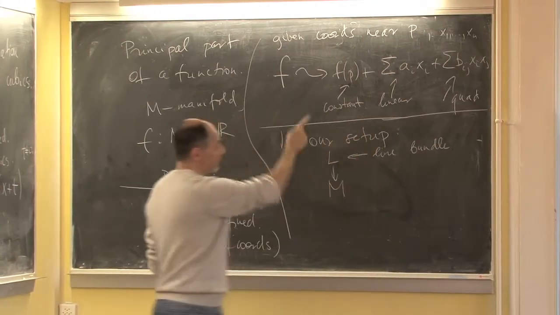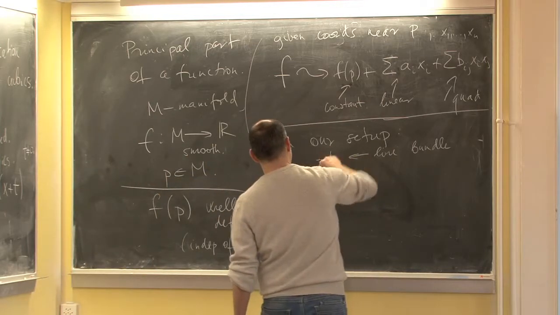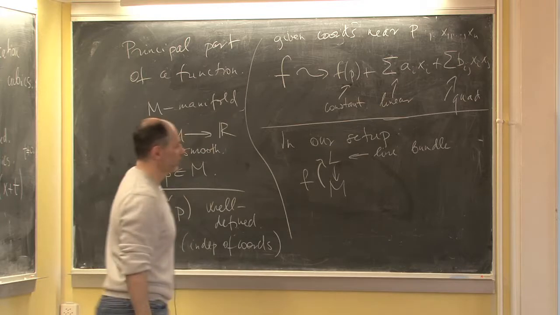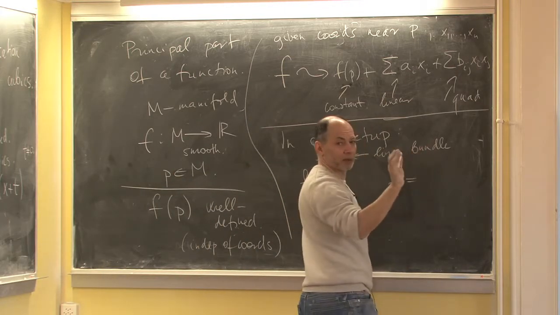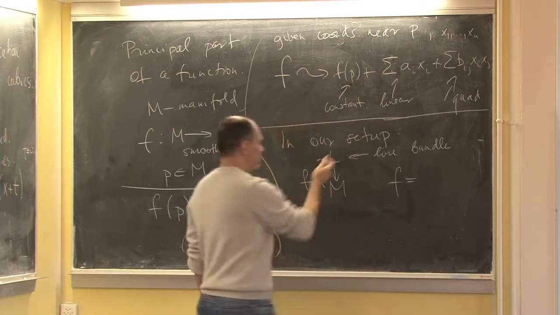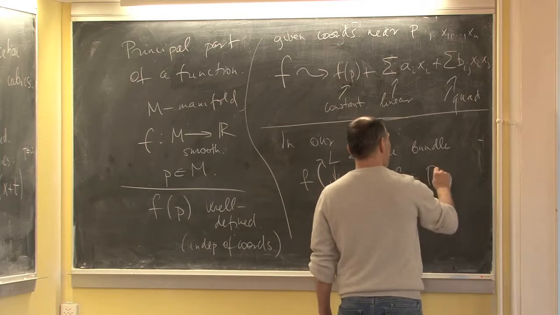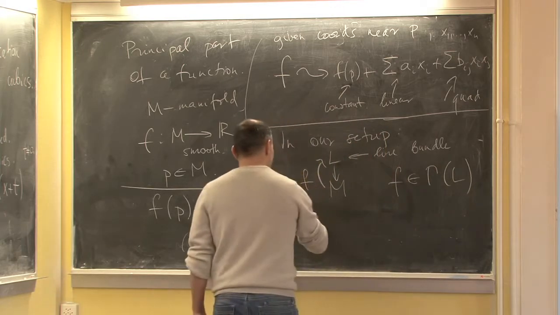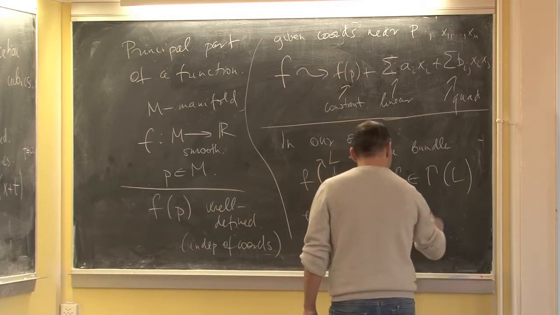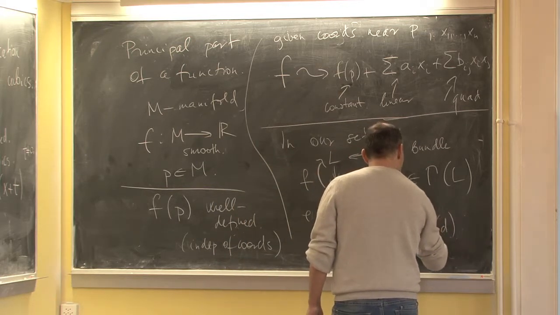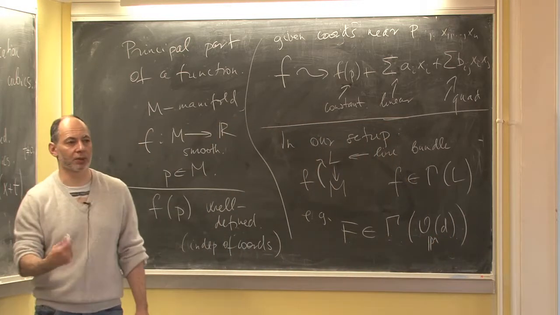And then again, I can do the same thing. I can define things in local coordinates, so I can now look at sections. F can be seen as a section of the line bundle. But again, the only really interesting example we're thinking about now is just homogeneous polynomials, which are sections on Pn. So this is the example we have in mind. Here we are trying to understand what these parts are.